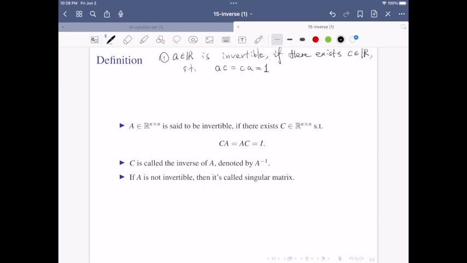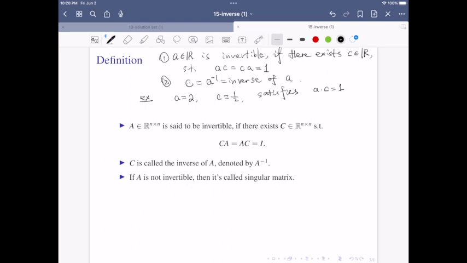And in this case, C can be written as A to the negative 1, or its inverse. C is inverse of A. So for example, if I give A equals 2, then we find C is 1/2, which satisfies A times C makes 1, or C times A makes 1.